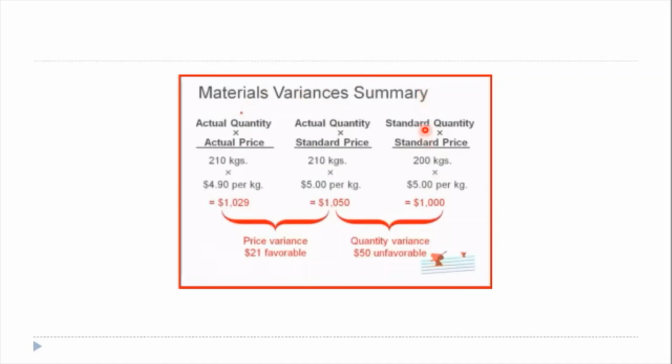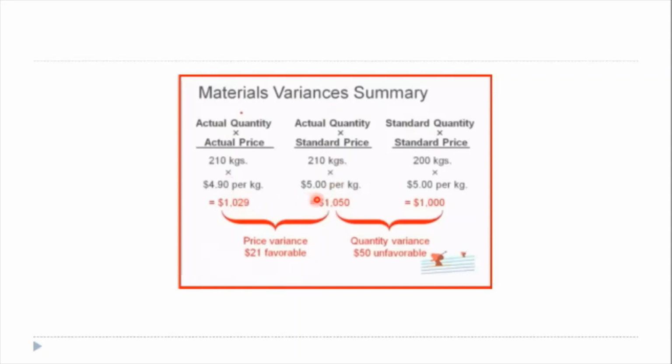This here, the standard by the standard, this is what they budgeted, right? This is what they purchased, and this is what they actually used, right? 210 by 5 gives us 1050.